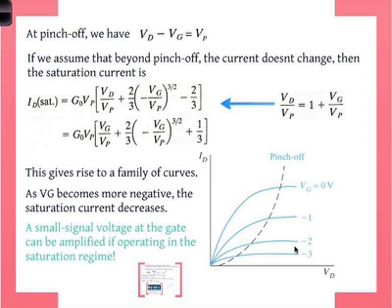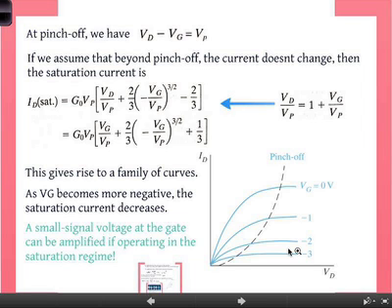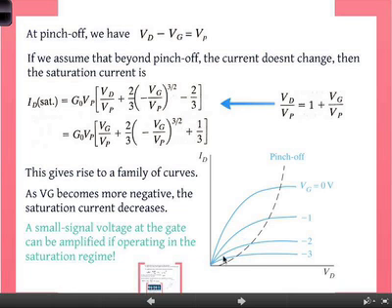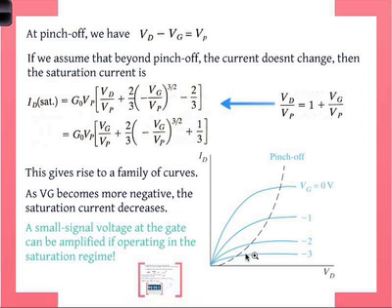Now, of course, typically, when you want to operate these devices as an amplifier, you have to operate in saturation. In other words, you don't want to be here, you want to be on this side of these curves, so you can have the amplification. If you are on this side, the problem is that you get distortion in your signal.